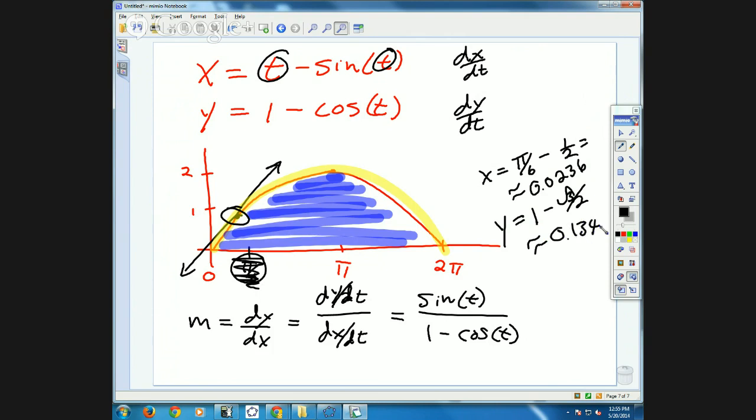The mistake is that this looks closer to pi over 12 or something. Okay, so the actual point I picked is more like right about over here.